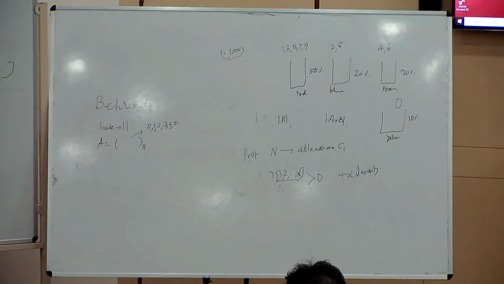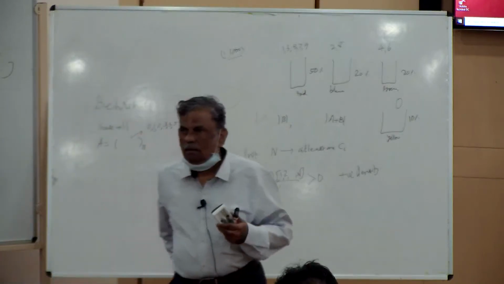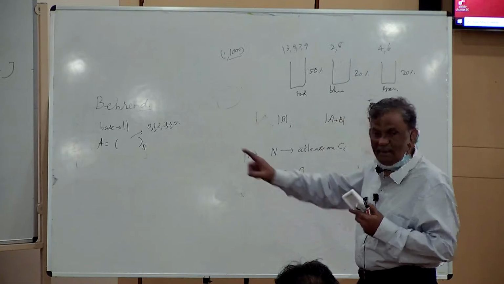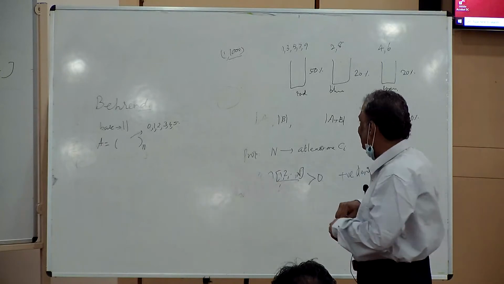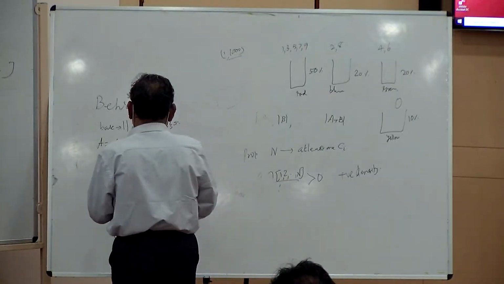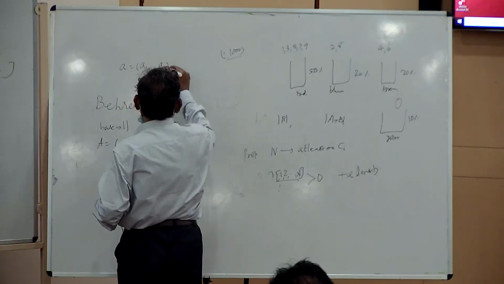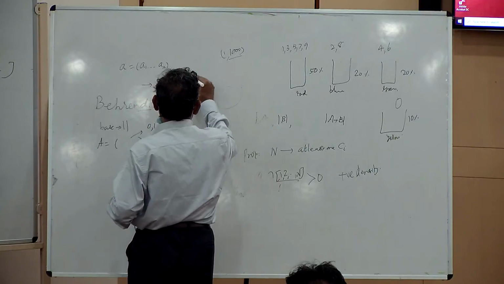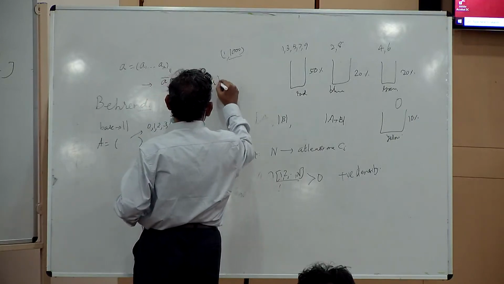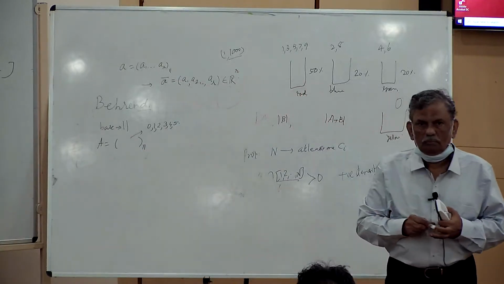Now, what I do is associate with this number A, which is A1 A2 ... AR, an integer written in base 11, a vector A1, A2, ..., AR in R power R. Okay.